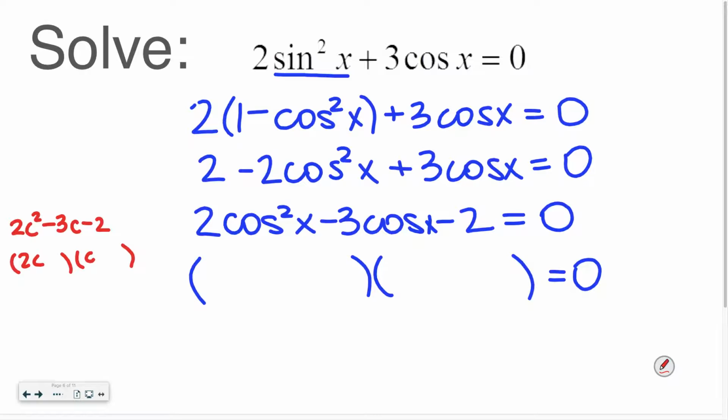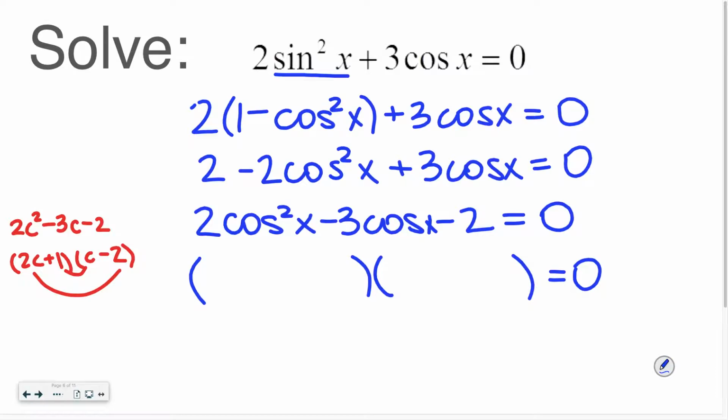We know 2c times c is 2c squared, right? And the only way to make this 2 over here is 2 times 1, but it's negative. Where does the 1 go? With the 2c, it's the only way it can go. And then since this is negative, this guy has to be negative, that guy has to be positive, because we would get 1c minus 4c.